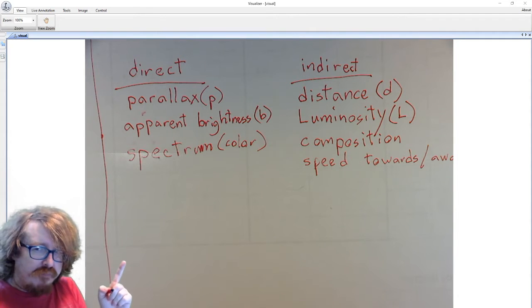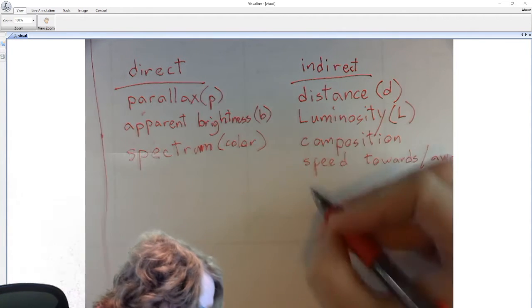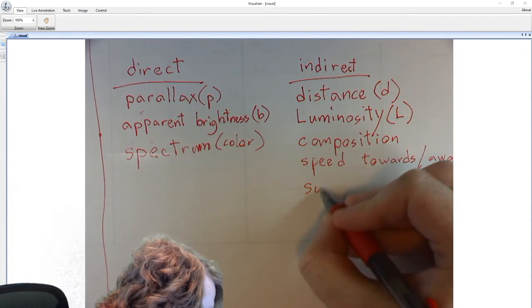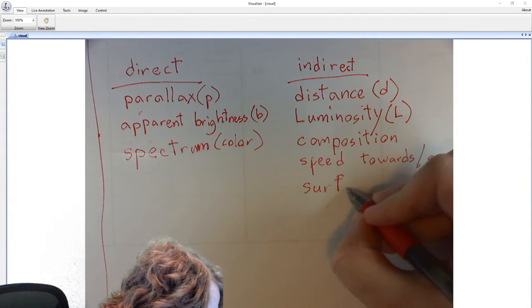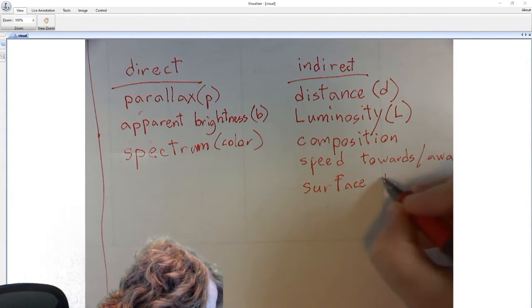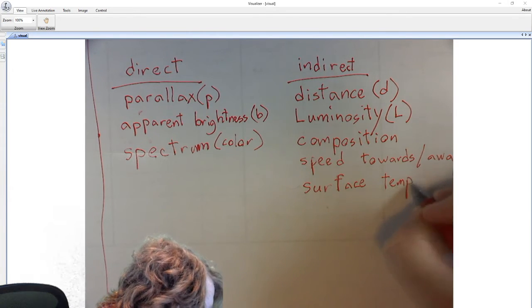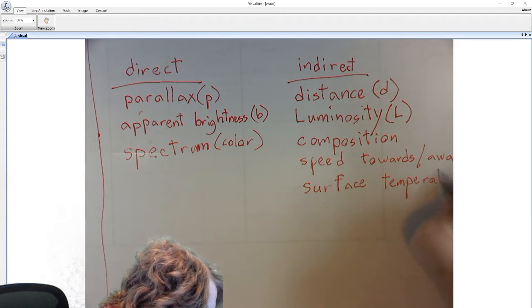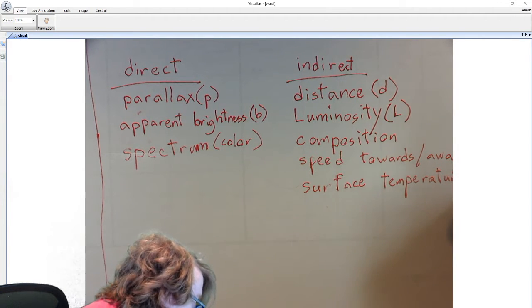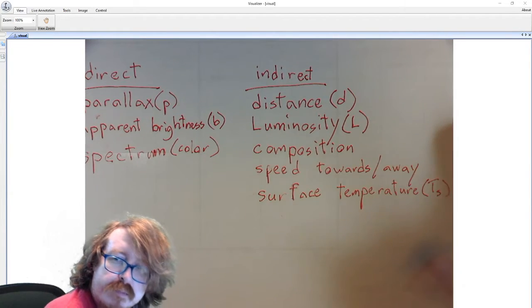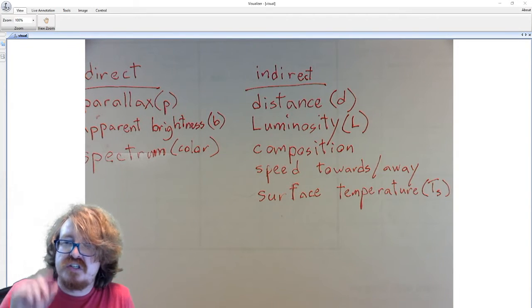But I'm going to be very careful about how I write that, and I'm going to write it down as surface temperature. And I'm going to put a letter on that one. That's T sub S. T sub S for surface temperature.